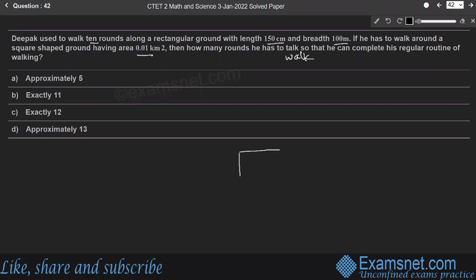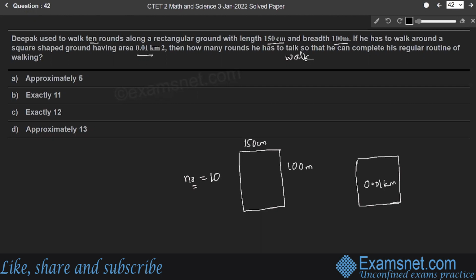Consider a rectangular ground whose length is 150 centimeter, breadth is 100 meter, and the number of rounds covered by Deepak is equal to 10.